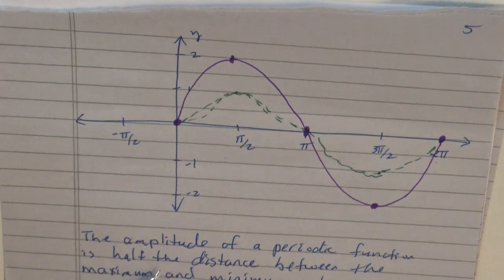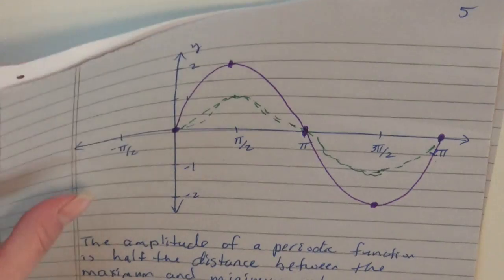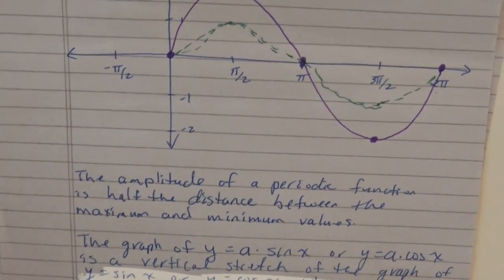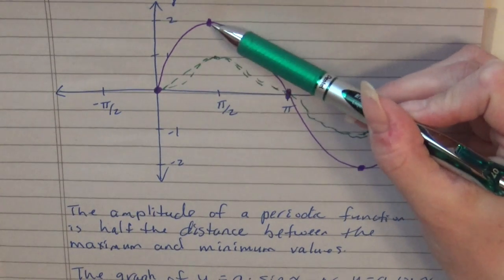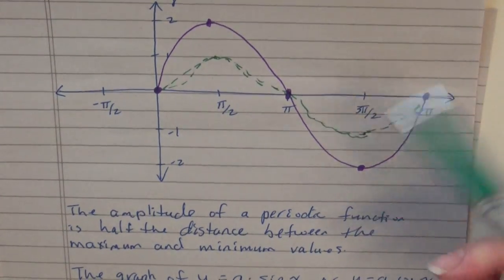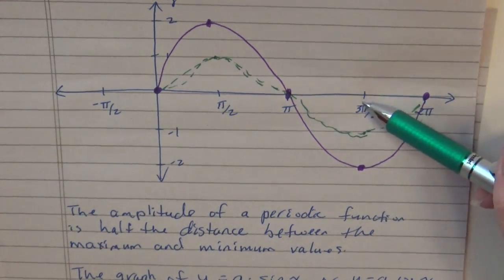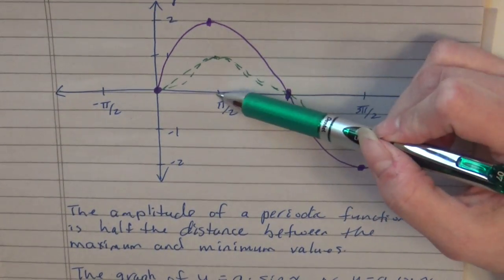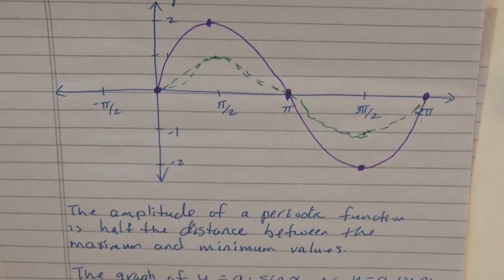The amplitude of a periodic function is half the distance between the maximum and the minimum values. So amplitude would be the distance from the x-axis to the peak, or you could also say it's the distance from the valley to the x-axis. So it's the absolute value of the difference between the x-axis and either the peak or the valley.